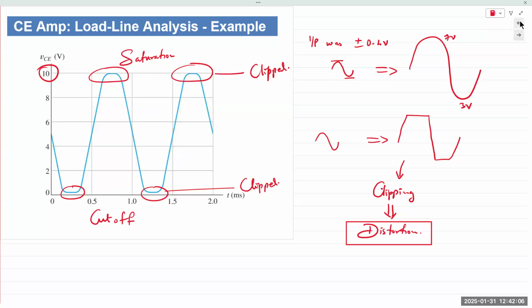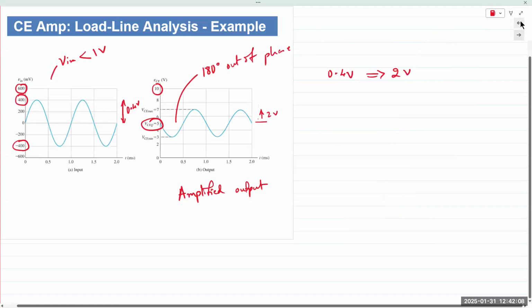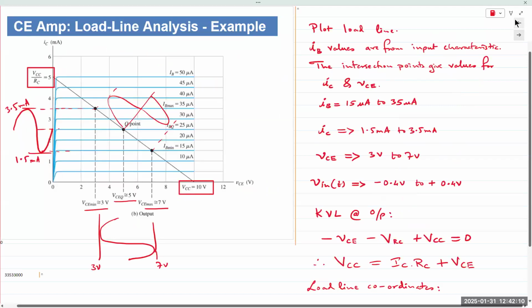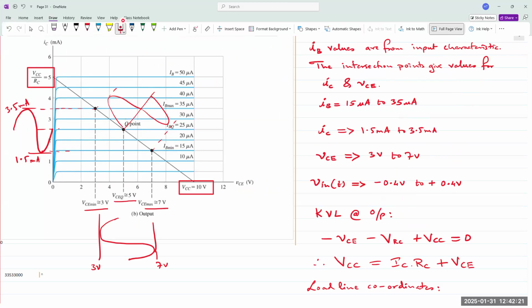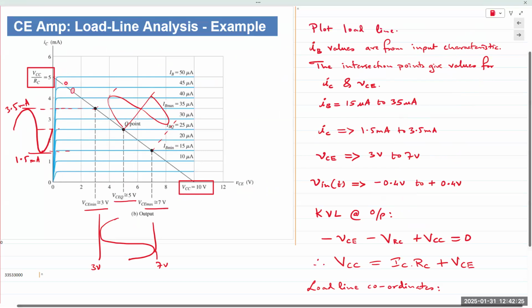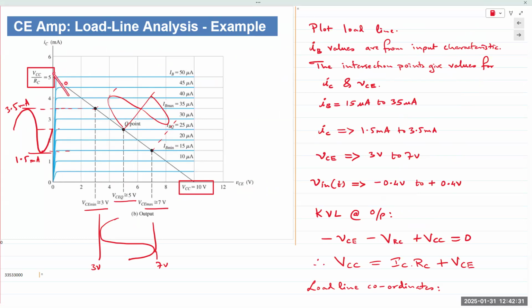Let's go back to the load line, and I can show you how that would work. So if the Q point was in the center, we get a perfectly amplified replica of the input waveform. However, if now your Q point is somewhere here at the top, what happens then? Your output is now beyond the capabilities of the waveform.